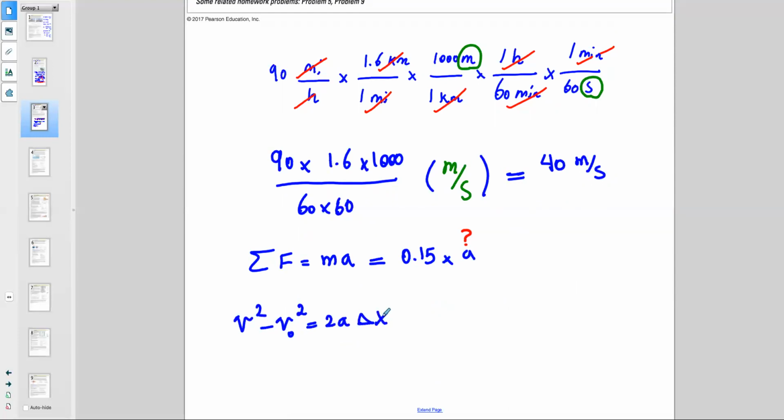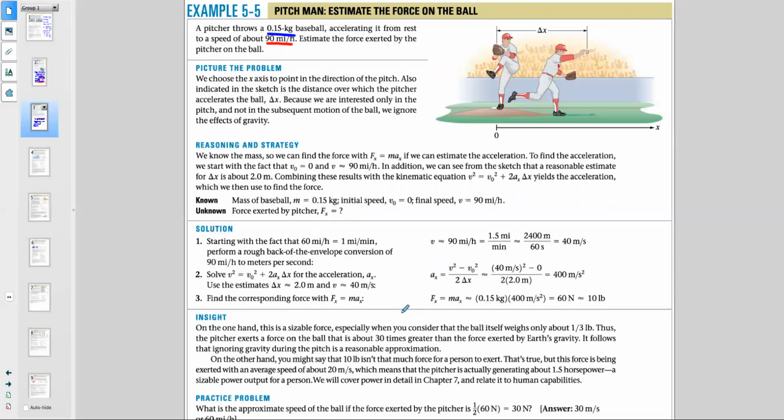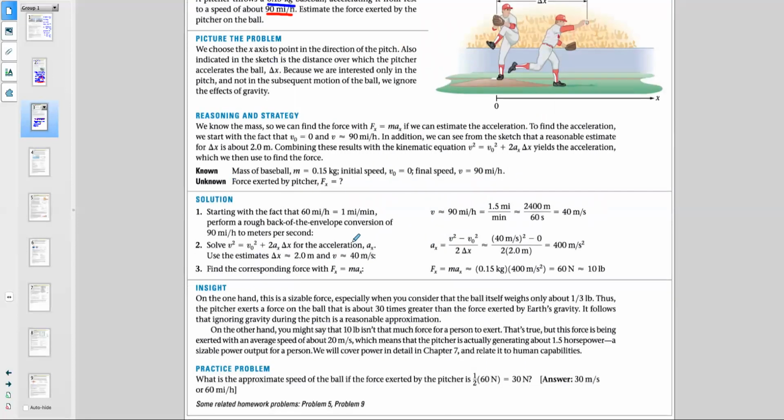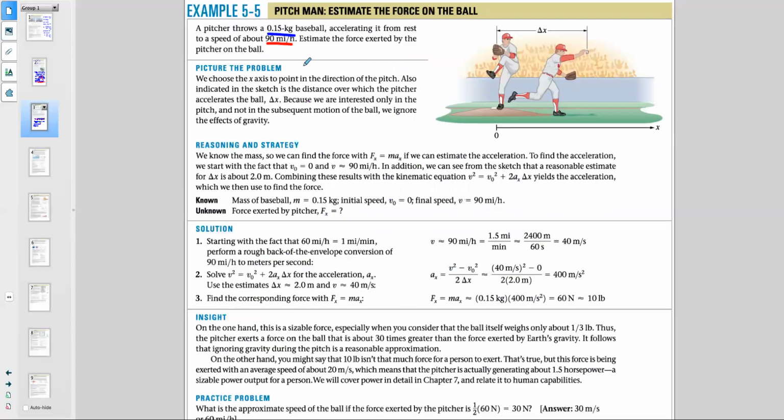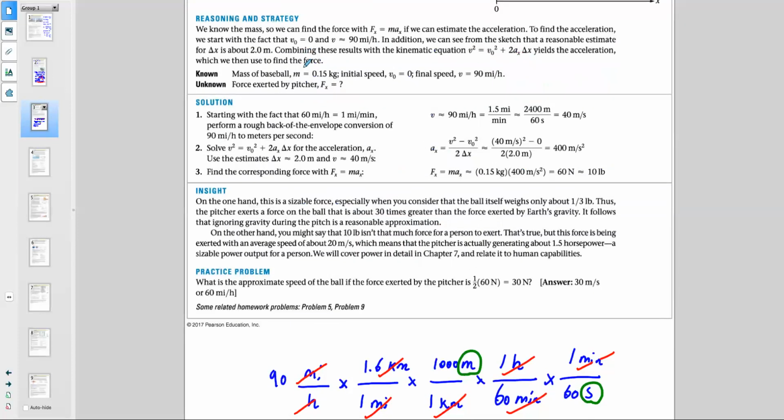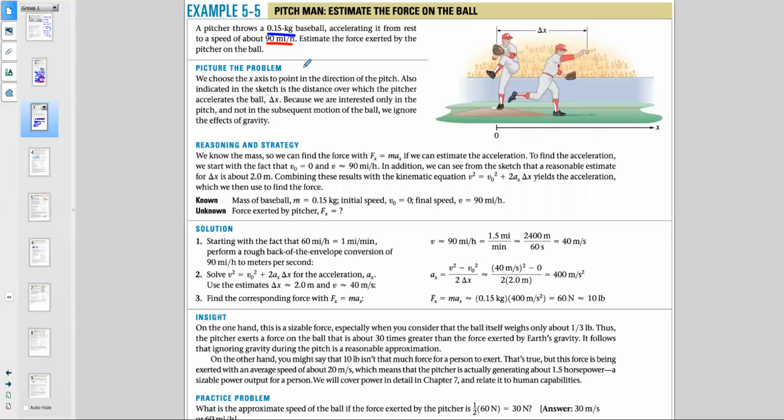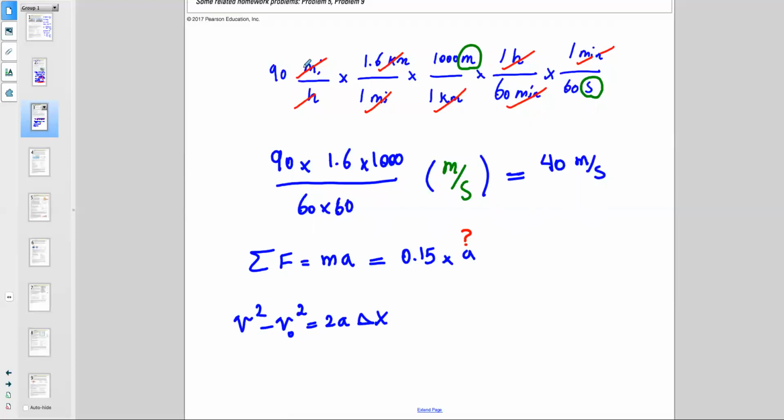2a delta x. Okay, so when you're looking at this, you're looking for a. So initial speed was 0, so boom, this is 0.